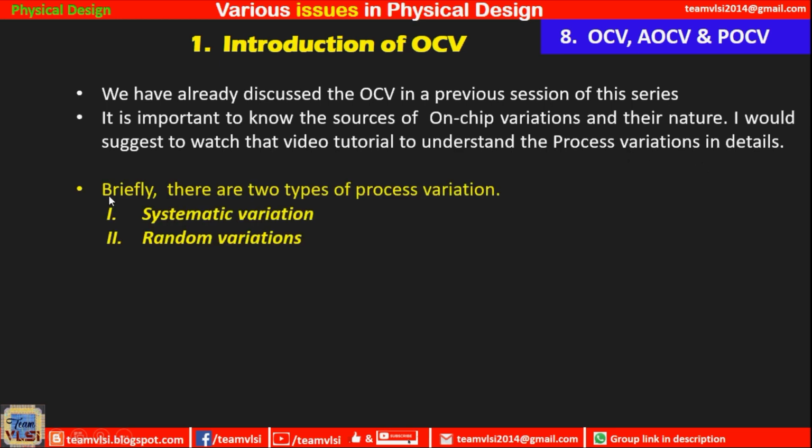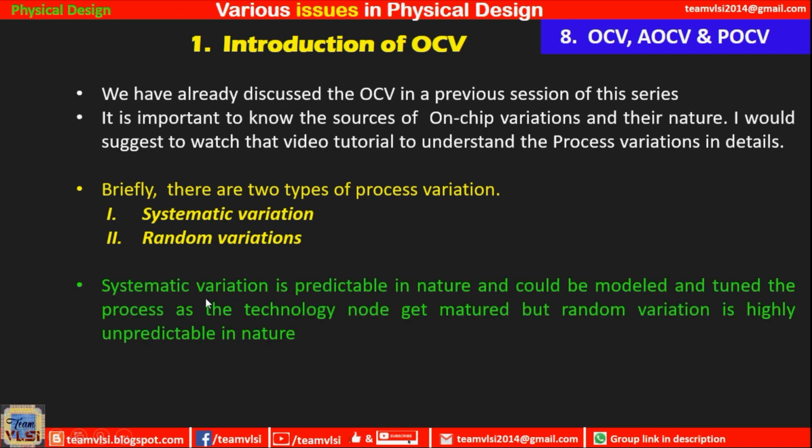In this session we will briefly discuss OCV, and there are two types of process variation. First is systematic variation and second is random variation. Systematic variation is predictable in nature and could be modeled and tuned out as the technology node matures.